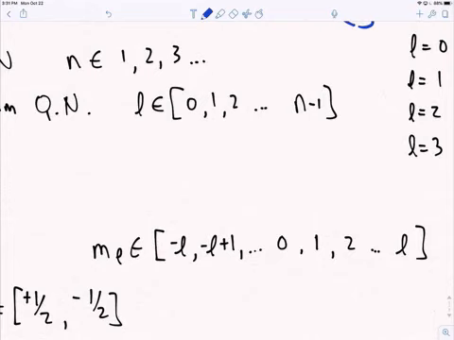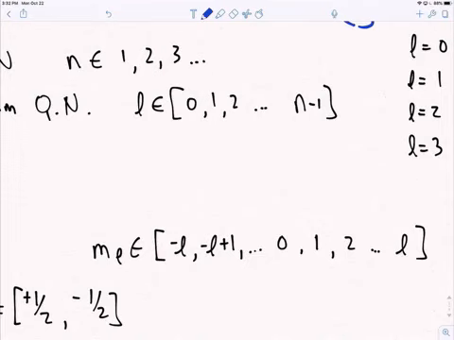L can be 0, and positive integers up into n minus 1. M sub L is bound by L and can be steps from negative L, integer steps through 0 included, up to positive L.